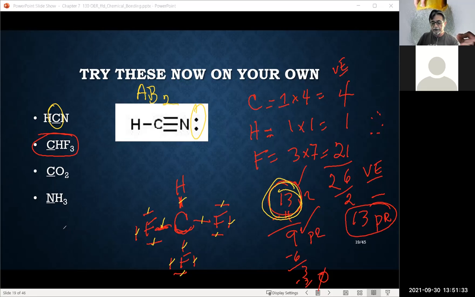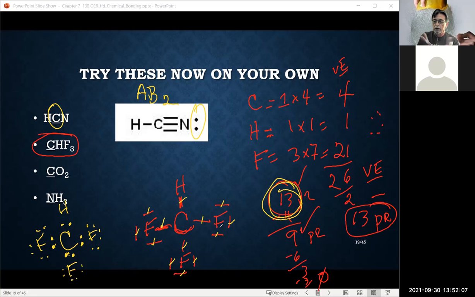Now, a lot of people can do this with dots, and this is efficient if you want to do that. But that's a lot of dots. That's why I like the lines, because I don't have to worry about losing dots. I just have to worry about losing lines. The way I wrote it with all dots is the same thing as I wrote it with the lines, because each line represents 2 electrons.